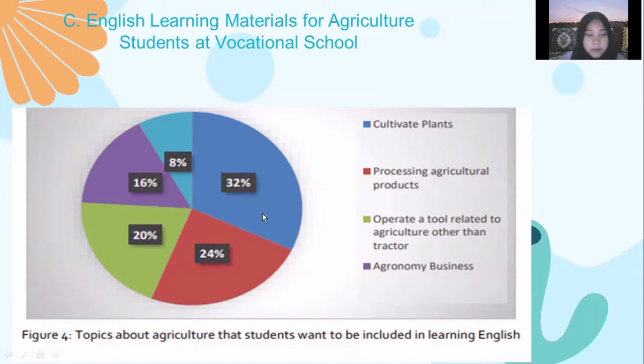And then about 20% of students chose operate a tool related to agriculture other than tractor. About 60% of students chose agronomy business. And then about 8% of students chose fertilizer and pesticide.